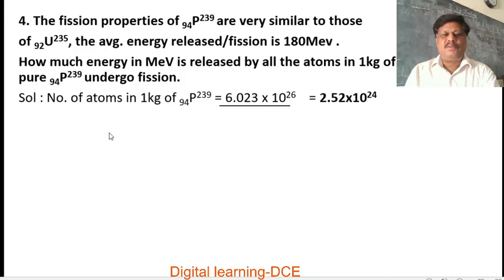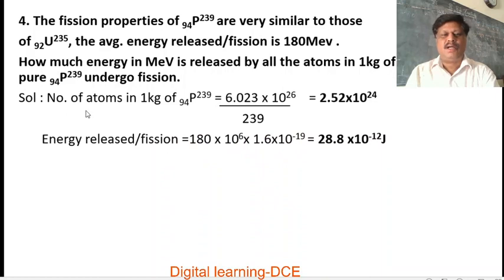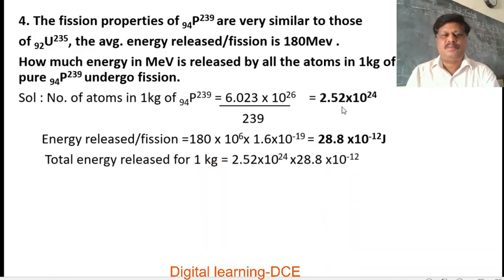Solution. Number of atoms in 1 kg of 94 plutonium-239 is equal to Avogadro number over 239, which gives rise to 2.52 into 10 to the power of 24. Energy released per fission is 180 MeV, that is 180 into 10 power 6 into 1.6 into 10 power minus 19, which is equal to 28.8 into 10 power minus 12 joule.